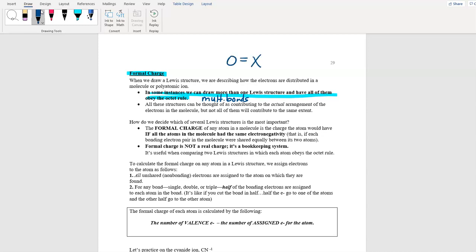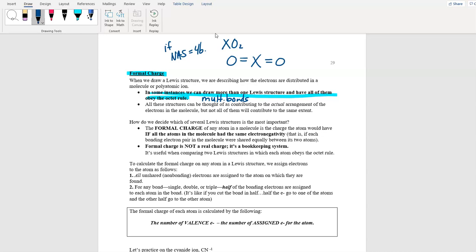Let's say we did the math, and the math told us, so when we did the NOS, I'm just saying if we did the NOS and it came up to be 4 bonds, and you had this mysterious compound that looks like this, or molecule, since we're talking about nonmetals. Well, it says 4 bonds, and I got 2 oxygens surrounding this X. Well, who says it has to be a double and a double?